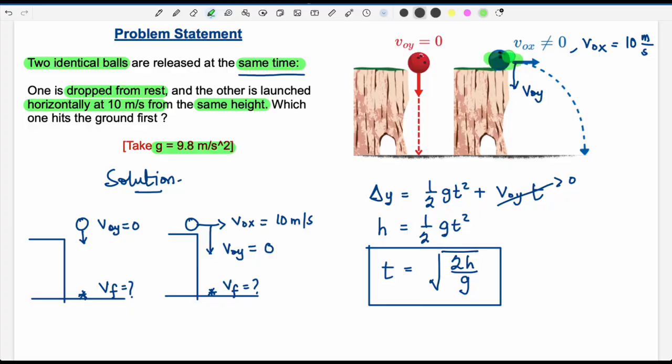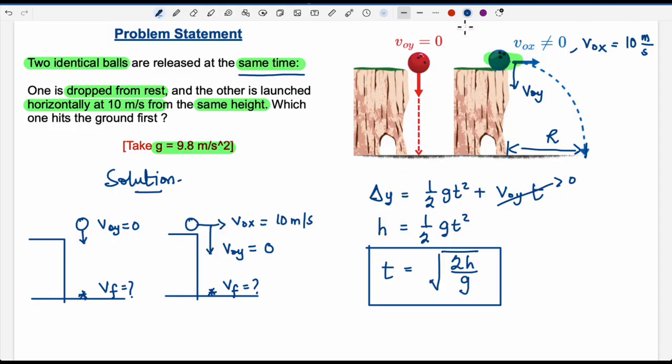So this initial speed given to this blue ball in the horizontal direction is not affected by the gravitational pull. However, that horizontal speed is going to determine the range from the base of the cliff to where it hits the ground, the range this ball is going to travel. Without any horizontal speed, it is not going to travel any range. It just travels vertically downwards.